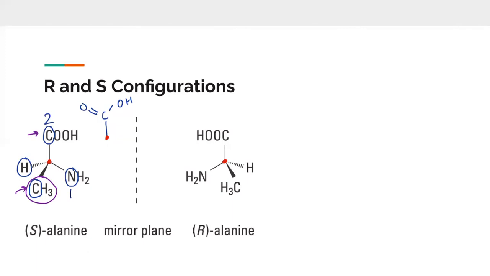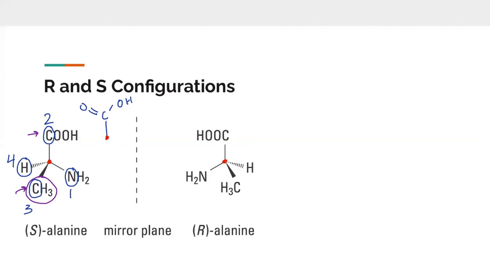Lastly, by default, this carbon atom would have a priority of 3, and this hydrogen would be priority last, 4. Now, in order to determine whether this should be an R or S configuration, you must look at the order of 1, 2, and 3 priority and whether they occur clockwise or counterclockwise.